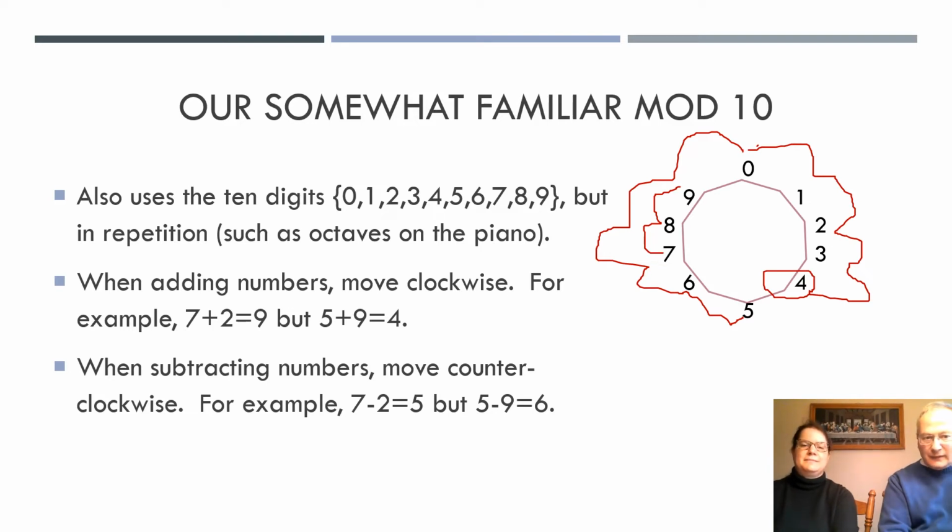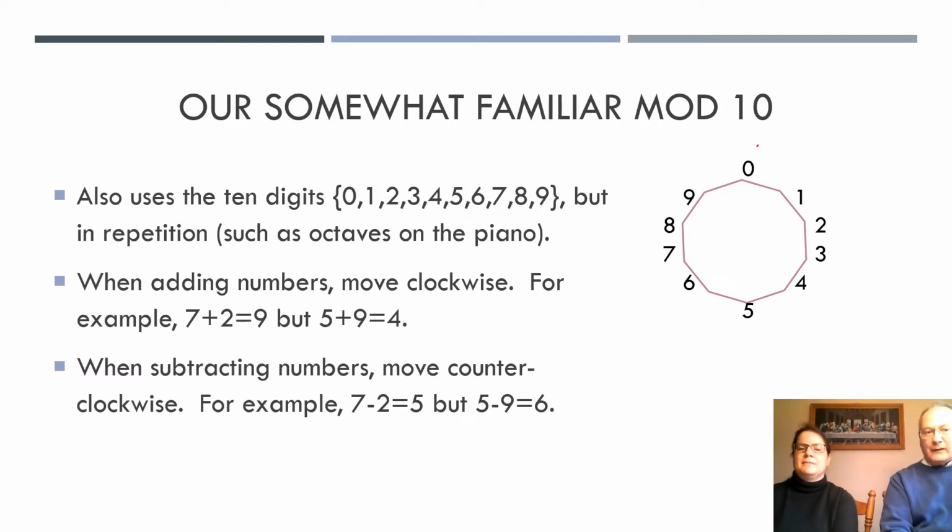Similarly, if we subtract numbers, instead of going clockwise, we'll go counterclockwise. So if we have 7 minus 2, start with 7, go counterclockwise 2, we end up with 5.